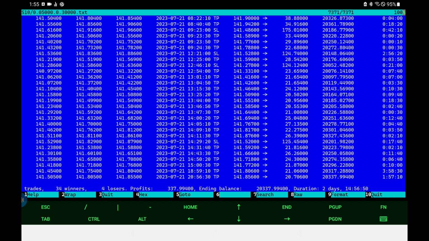So the profits that were projected here were $337. Remember, that's leveraged. Divide by 20 to give you your rough estimate, which would be roughly $16.